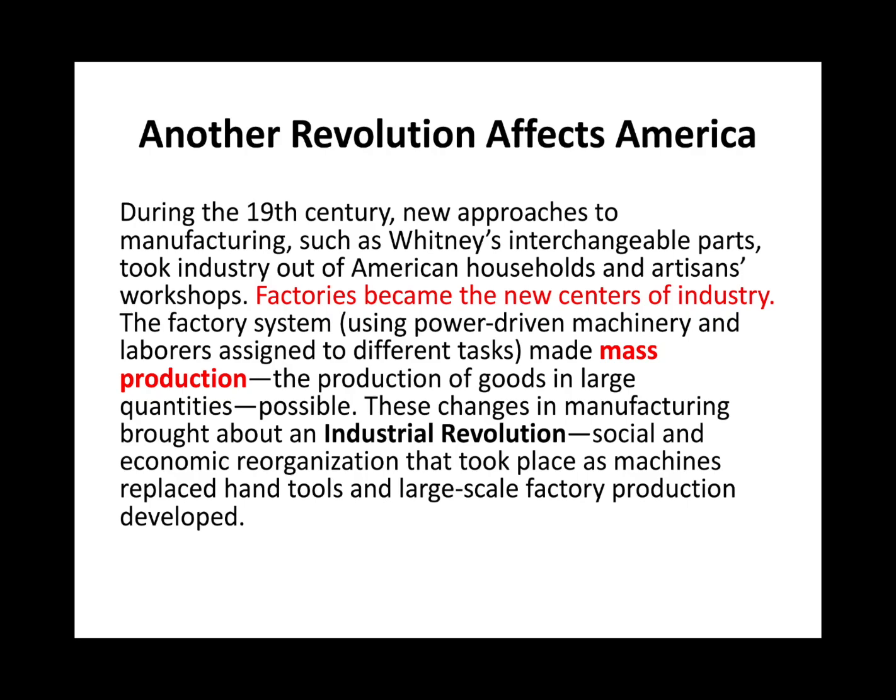These changes in manufacturing brought about an industrial revolution. This is going to be the social and economic reorganization that took place as machines replaced hands and tools and large-scale factory production was developed.